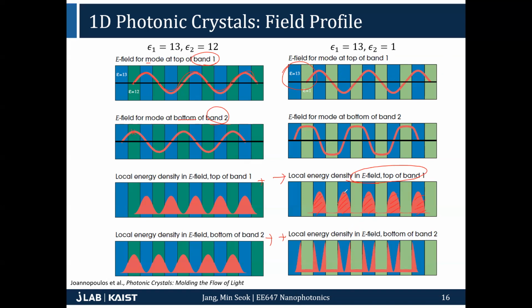On the other hand, in this case, a non-negligible amount of energy resides in the low index medium, which makes this mode have a relatively higher frequency compared to the other. So that's why we have a photonic band gap.